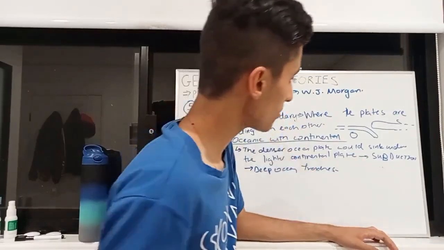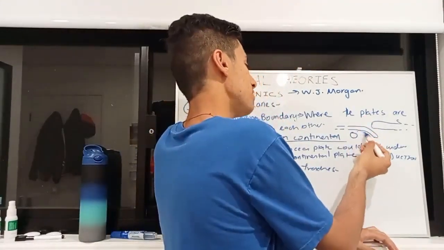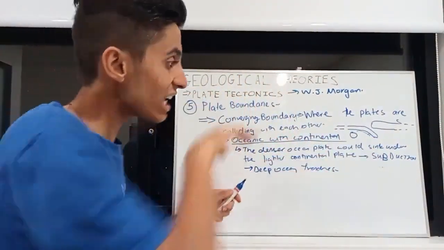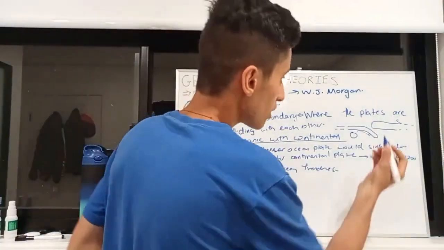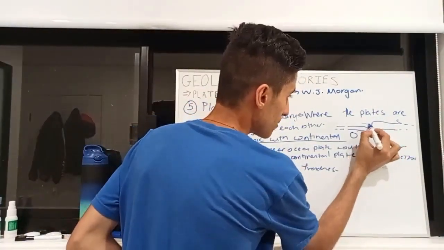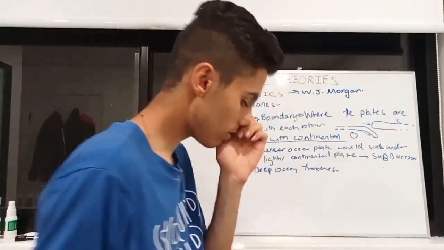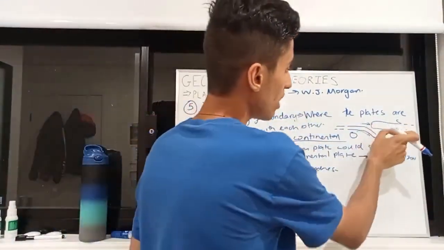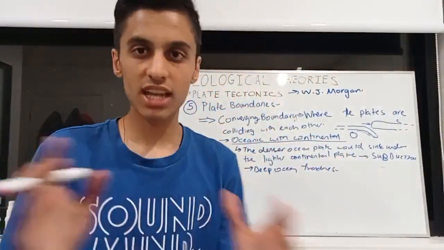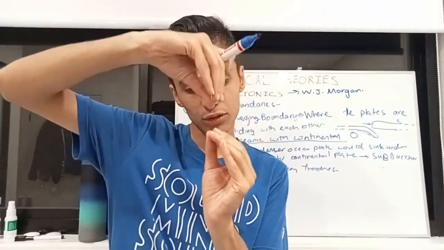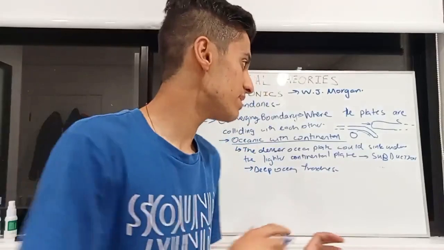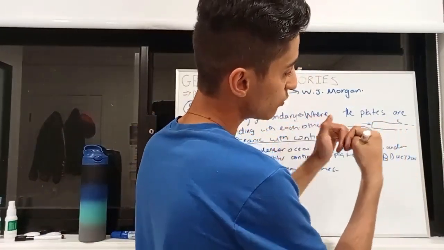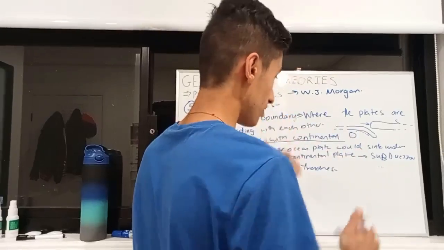Also, as this plate gets subducted, it's pushing the other plate inwards as well. When this plate gets pushed, it's going to squeeze, and when something squeezes, it rises. It becomes all deformed and has a bunch of bumps over it.